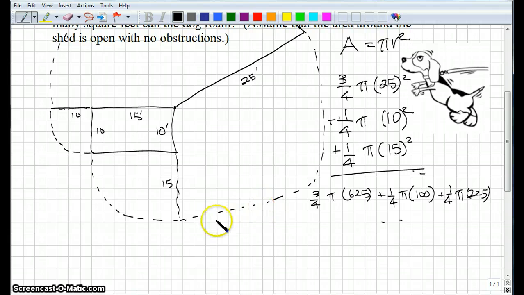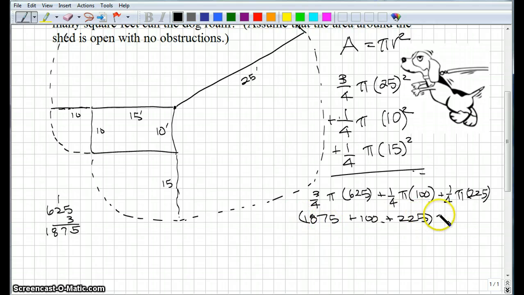So let's see, what have we got? 3 times 625, let's figure that out. 625 times 3, that's 15, 6, 7, and 18. So we have 1875. So we have 1875 plus 100 plus 225, and that's all times pi over 4.